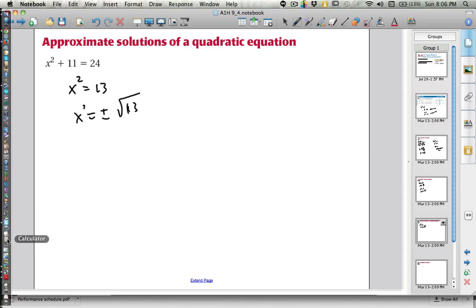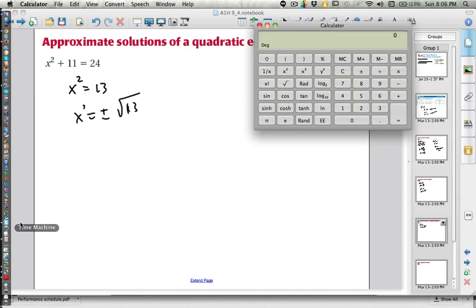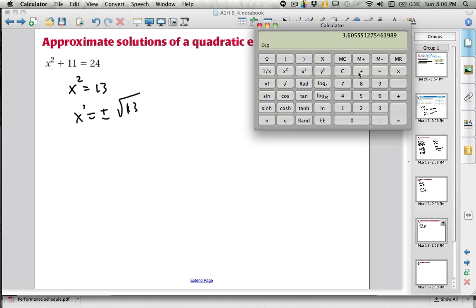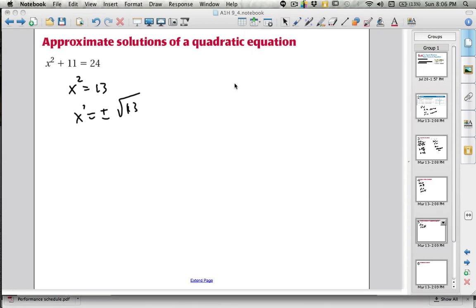I know that it's a value that is between 3 and 4 because the square root of 9 is 3 and the square root of 16 is 4, and 13 lies between 9 and 16. But if I take the square root, I'll get 3.605. So we're going to have x is equal to plus and minus 3.61.